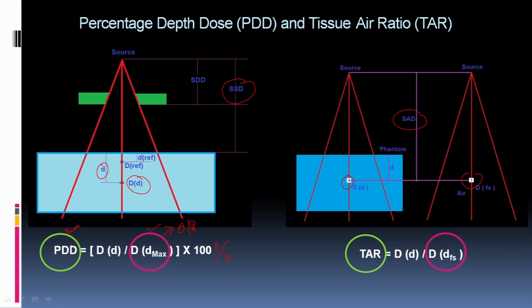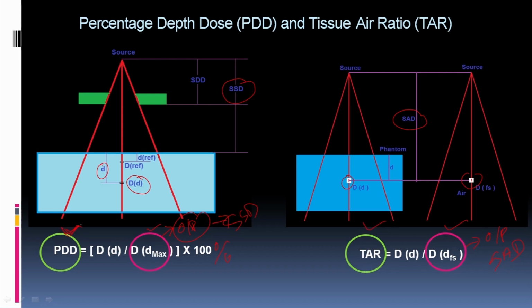Similarly, for SAD calculation, we need to develop or measure the various TAR values for different field sizes, and we have to measure this output in air. Here this is the output of the SAD technique and this is the output of the SSD technique. So these are two outputs we have to measure, and we have to form a table. Similarly, we have to form a table of PDD and a table of TAR.